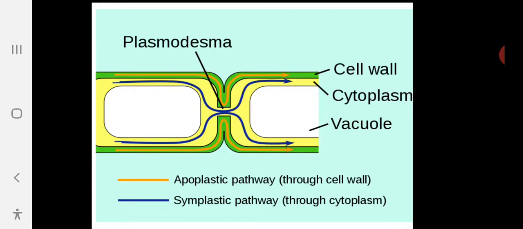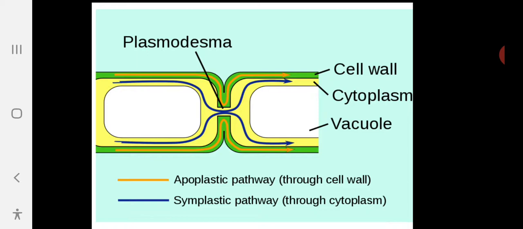This all living system network together forms the symplast. That is the simplistic way. Water also can be transported via this simplistic way through cytoplasm connected via plasmodesmata.